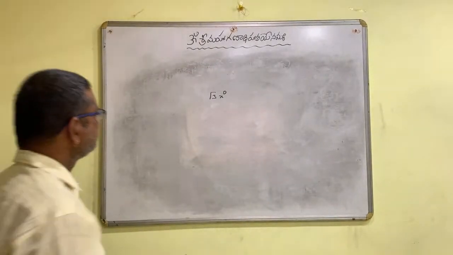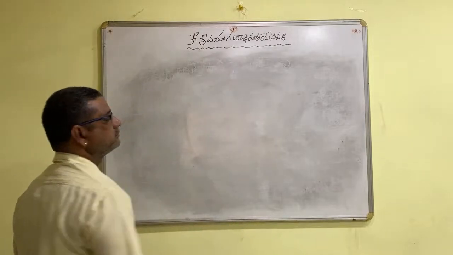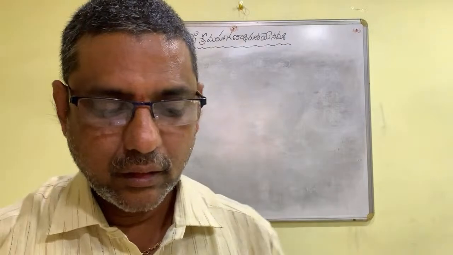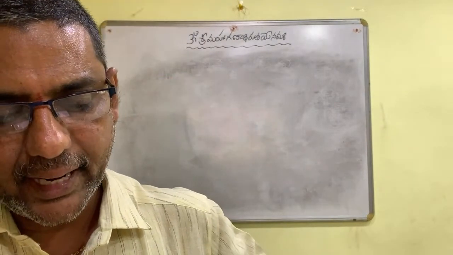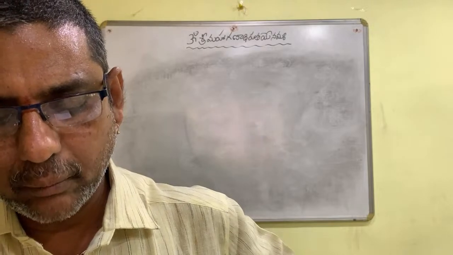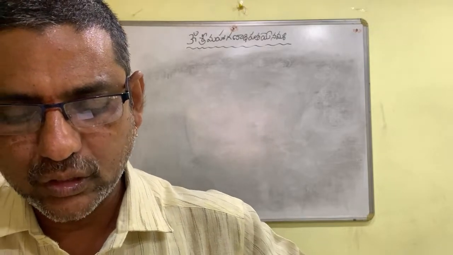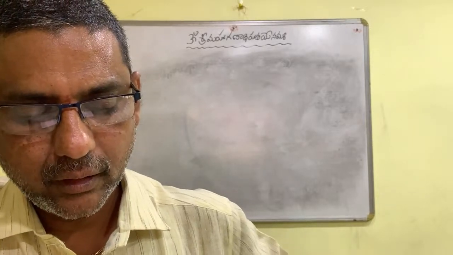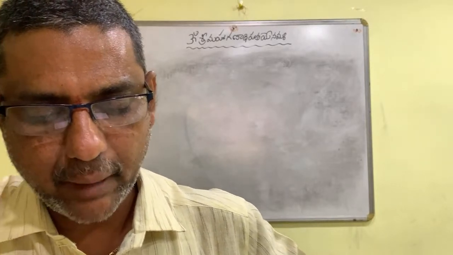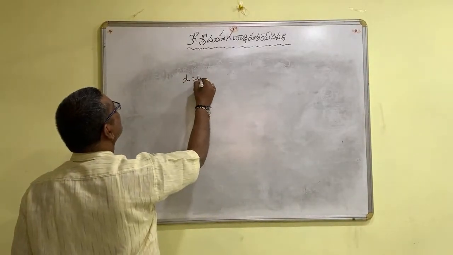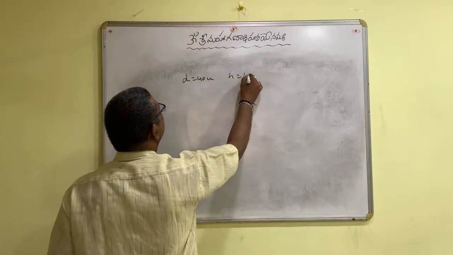Next, 34. A bus stop is barricaded from the remaining part of the road by using 50 hollow cones made of recycled cardboard. Each cone has base diameter 40 centimeters, height 1 meter.